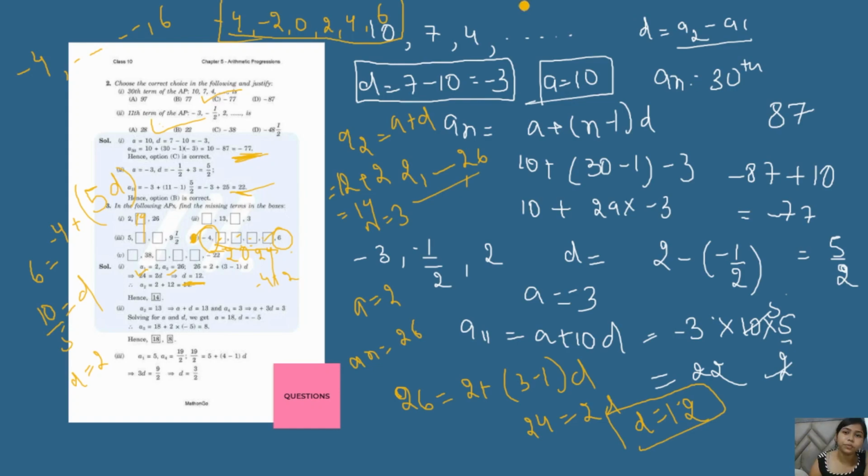Clear now? Now moving ahead with our next question. This is the very first exercise of the AP, where you have to tell whether the given thing is an AP or not. How will you tell? In the very first slide, I told you that an AP is a sequence in which the common difference always remains constant.